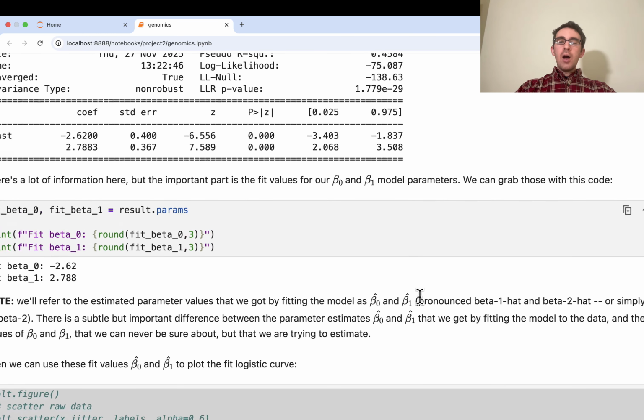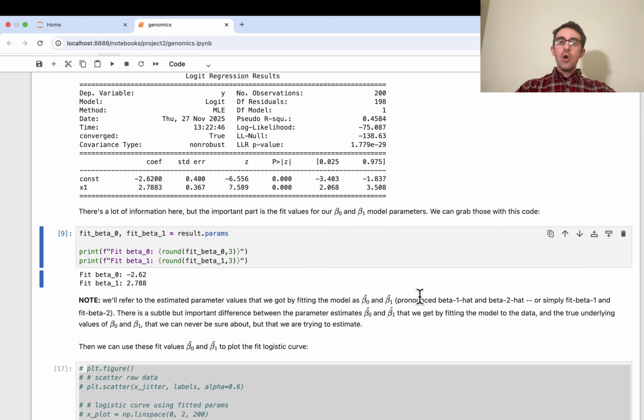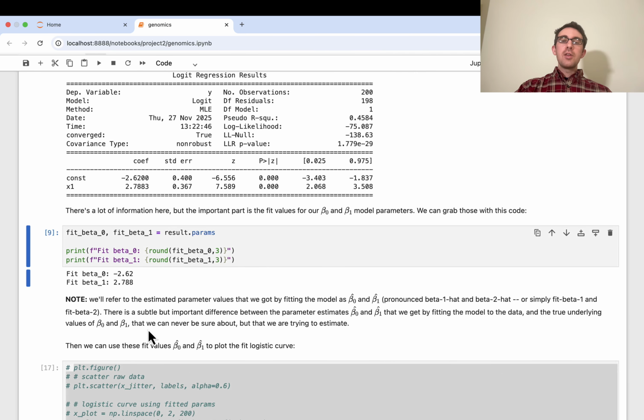We will distinguish between those fit values of beta 0 and beta 1 that we get by fitting the model to the data, versus the actual parameters beta 0 and beta 1, which we can think of as the true underlying values of these parameters in the universe.